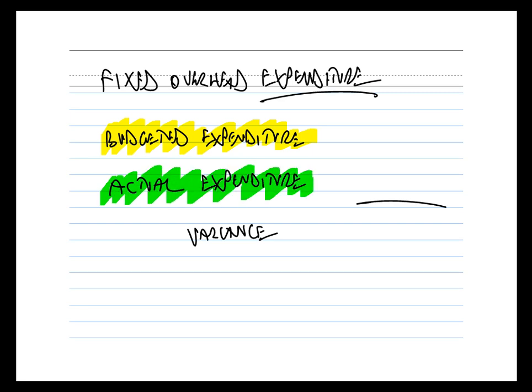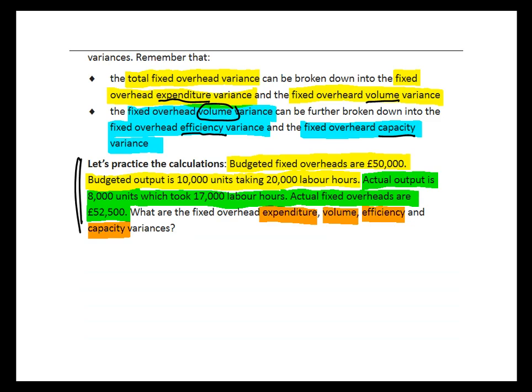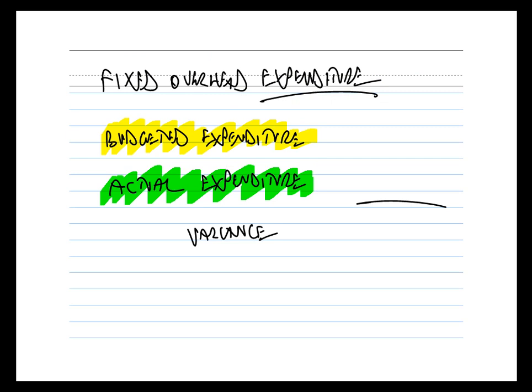So what did we spend? So in our example, we saw that the budgeted fixed overhead was £50,000, that's what they thought they were going to spend. Actual fixed overhead was £52,500, so they spent a little bit more than they expected. Now if I fill these figures into my little pro forma here, so budgeted expenditure was £50,000, the actual expenditure was £52,500.